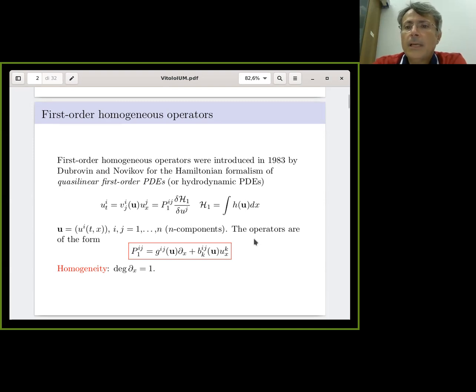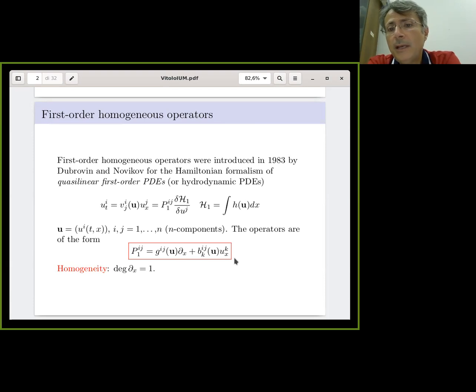The first-order homogeneous operators have the form which is displayed framed in red, and this form shows you that the homogeneity property is in the x derivatives. I mean that each summand contains exactly one x derivative for a homogeneous operator of degree of homogeneity 1.